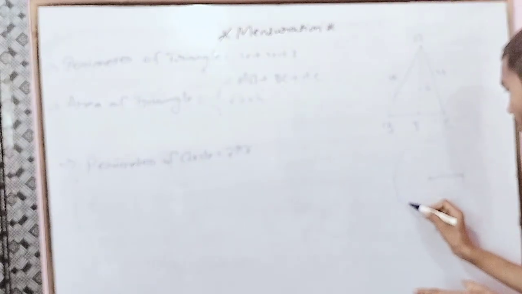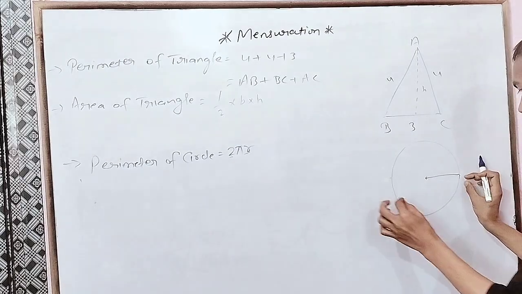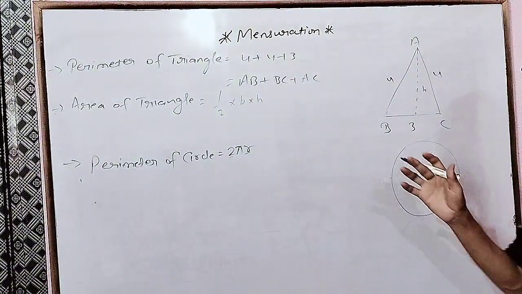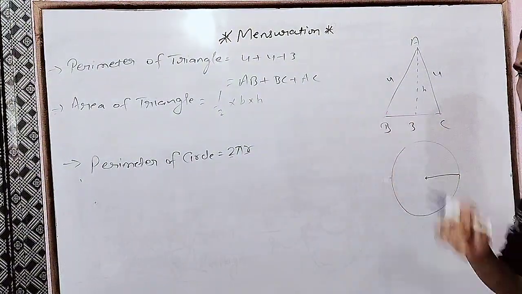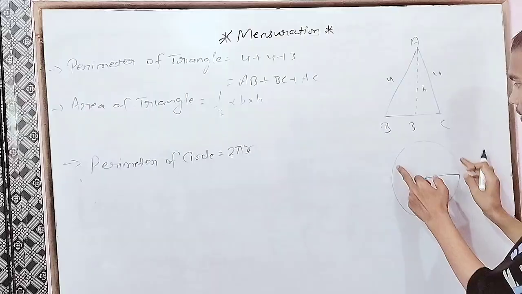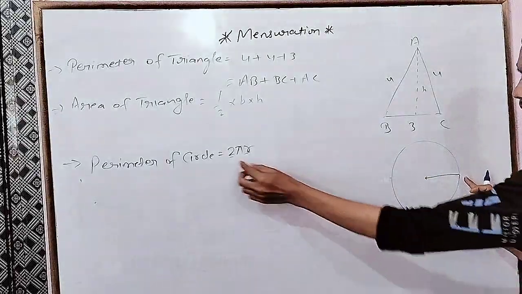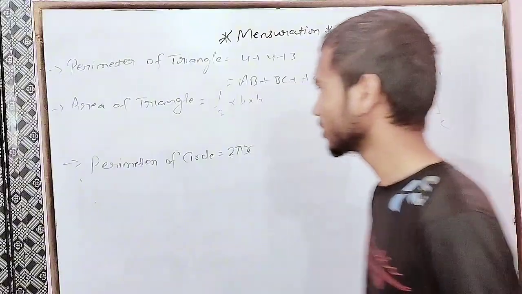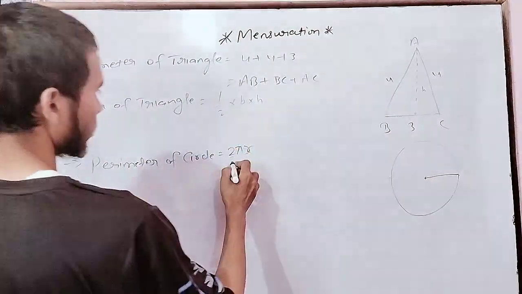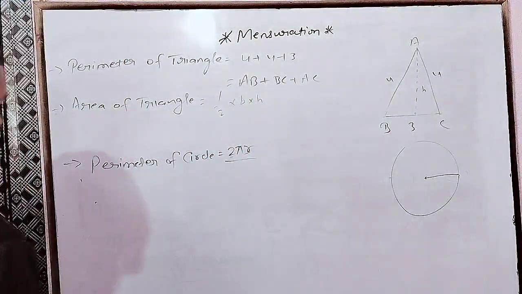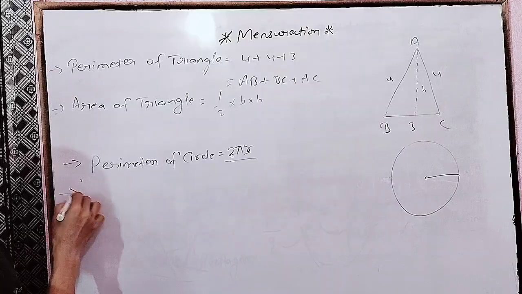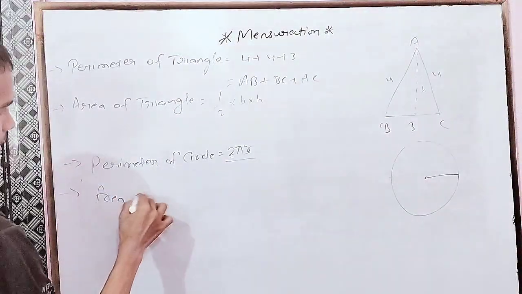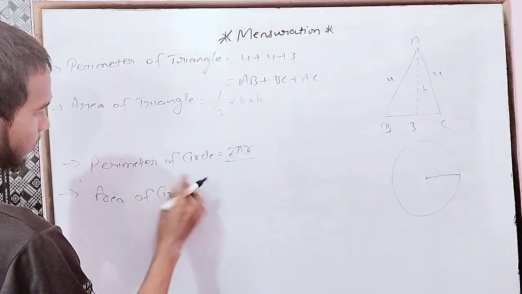And again the next pi, and this little space is 0.14 something. That's why this is the first pi and this is the second pi. We have 2 pi, and this is 2r. This formula is applied with confidence. Now next, area of a circle.